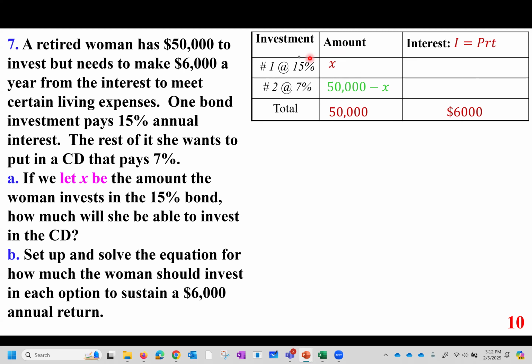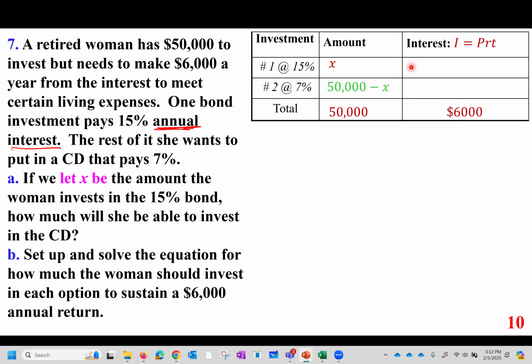If the first one pays 15%, I equals PRT: P is the principal, R is the rate, 0.15, T is time, and in this case, it's 1 year because it's an annual interest rate.